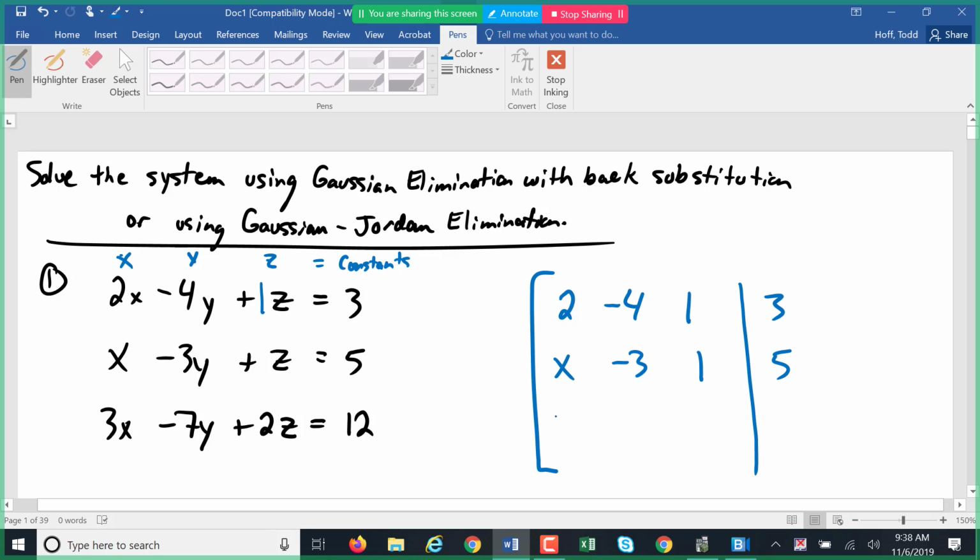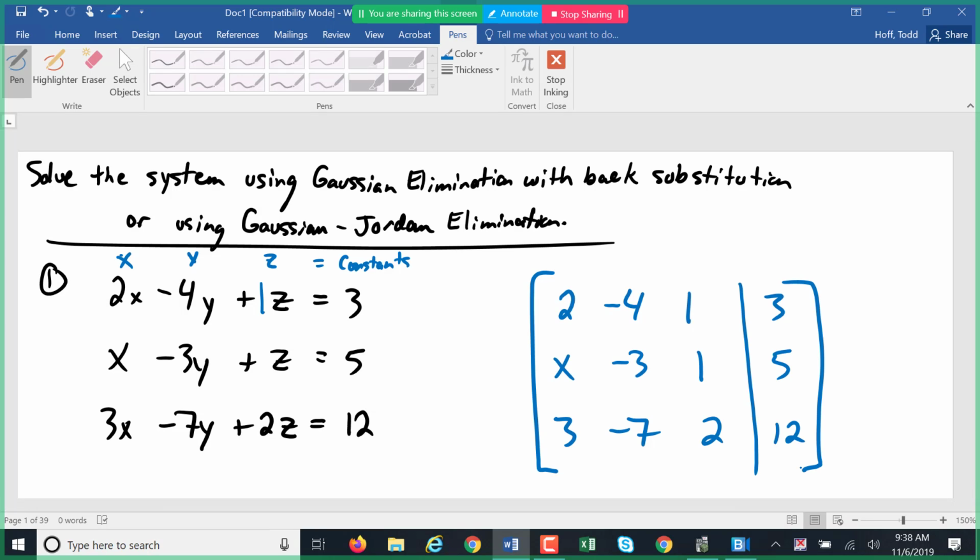And the third equation gives us a row of 3, -7, 2, and 12. Sorry, that first entry should have been a 1, not an x.